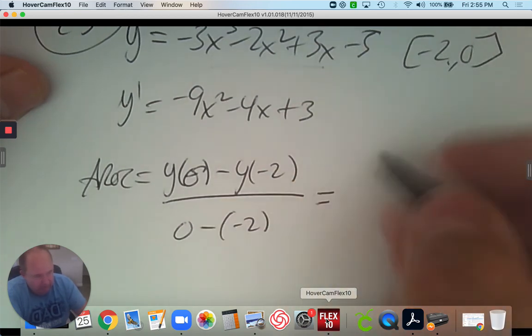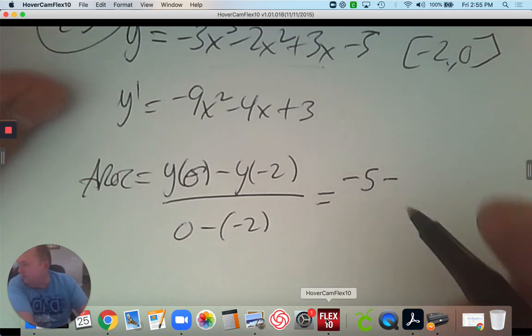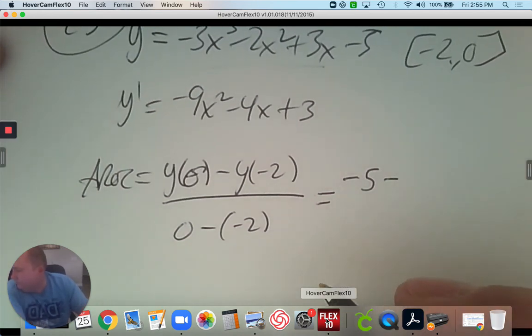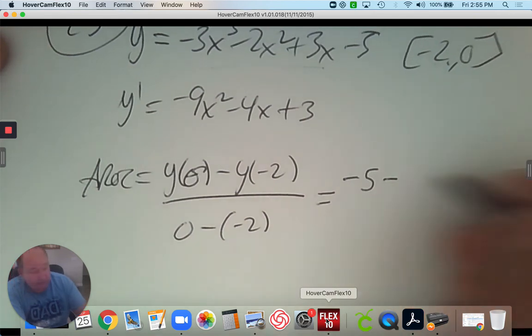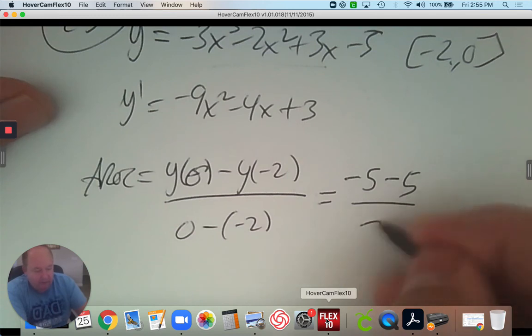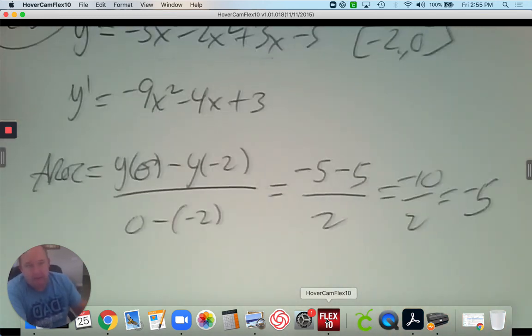If I plug in 0, I get negative 5. If I plug in negative 2, I get 5. So it's negative 5, subtract 5. So it's negative 10 divided by 2, which is negative 5.